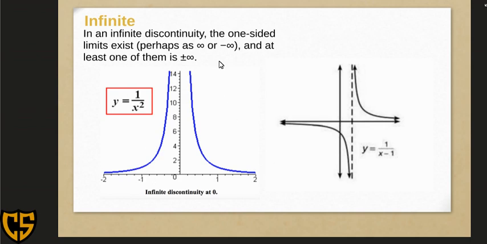What happens here is that the value keeps going up and up. Despite whatever value, it does not approach a certain value. It just keeps going to positive infinity of y. So that will be an infinite discontinuity at 0. It approaches 0, but its value is just infinite. That is infinite discontinuity.